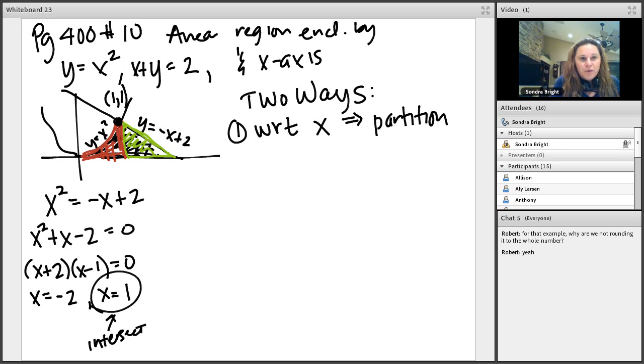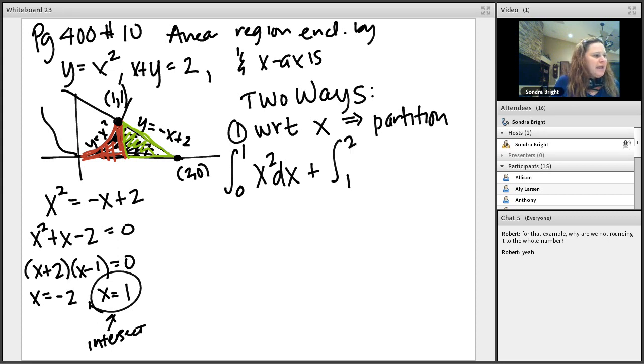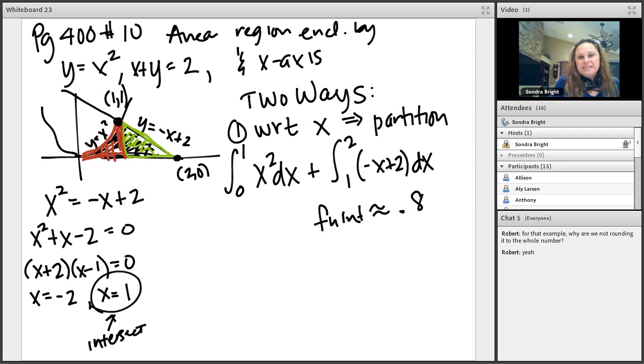You're going to write it as the integral from 0 to 1, those are x values, of just the x squared graph, and then plus the integral from 1 to 2, and this time it's the negative x plus 2. That's your setup, and using fnInt you end up with 0.833.